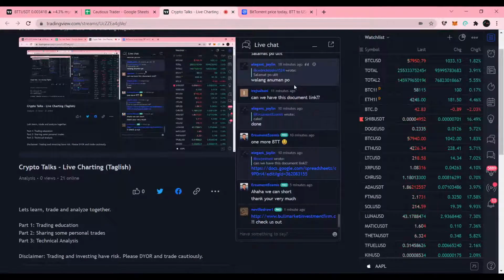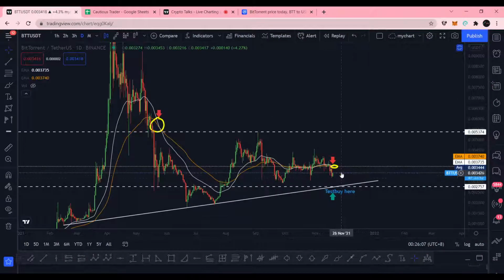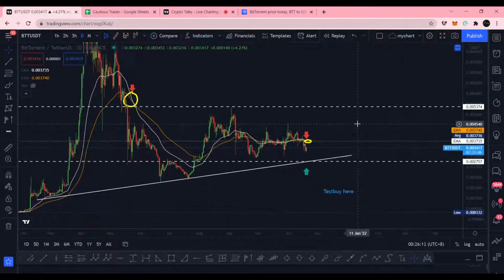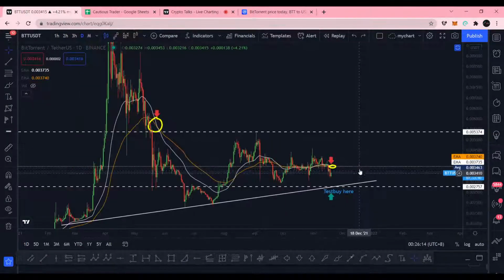Anything else? I'll check. We can short. If I'm going to short this one, what's my possible entry here and then here? I think the risk reward might not be rewarding for me.